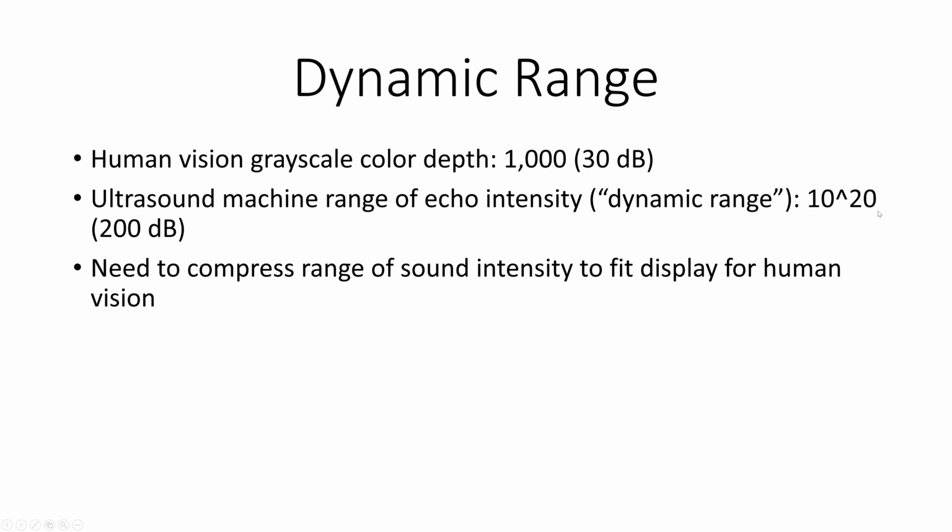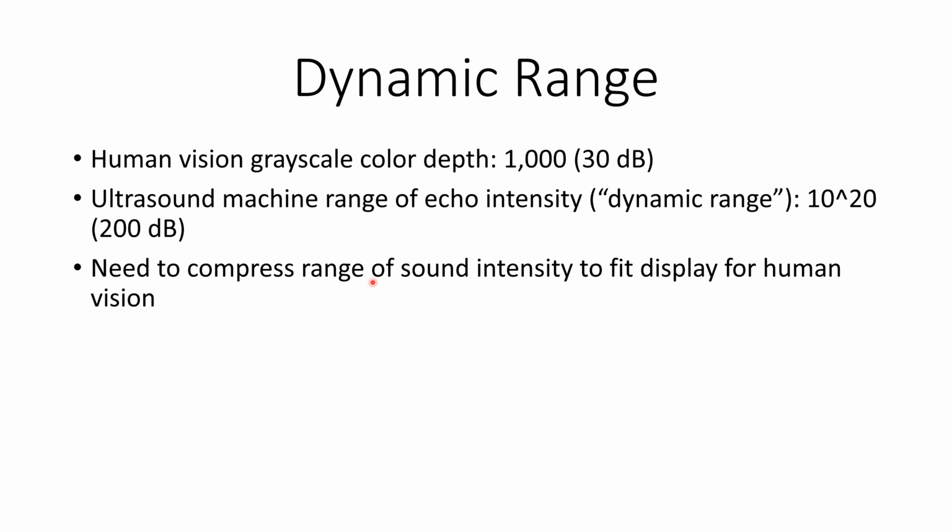In fact, you can just multiply it by 10 to the 17th. That's how much bigger it is than the human vision grayscale color depth. So how are we going to take all this crazy 10 to the 20th amount of possible shades of machine vision and compress it down into the 1,000 shades of gray that the human eye can see? And in fact, the machine uses only 256 shades of gray.